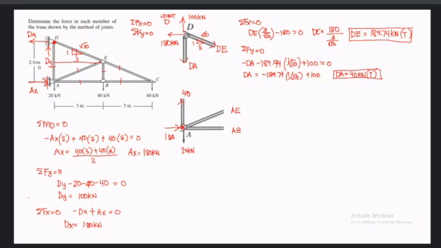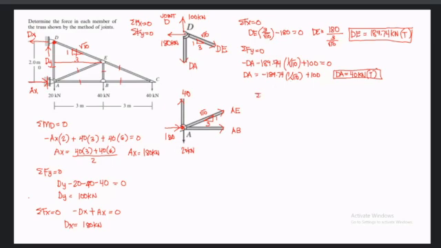So this is your AE and AB. We don't know their behavior, so let's assume they are under tension. What's the slope of AE? The vertical side is still 1 and the horizontal side is 3, with square root of 10.